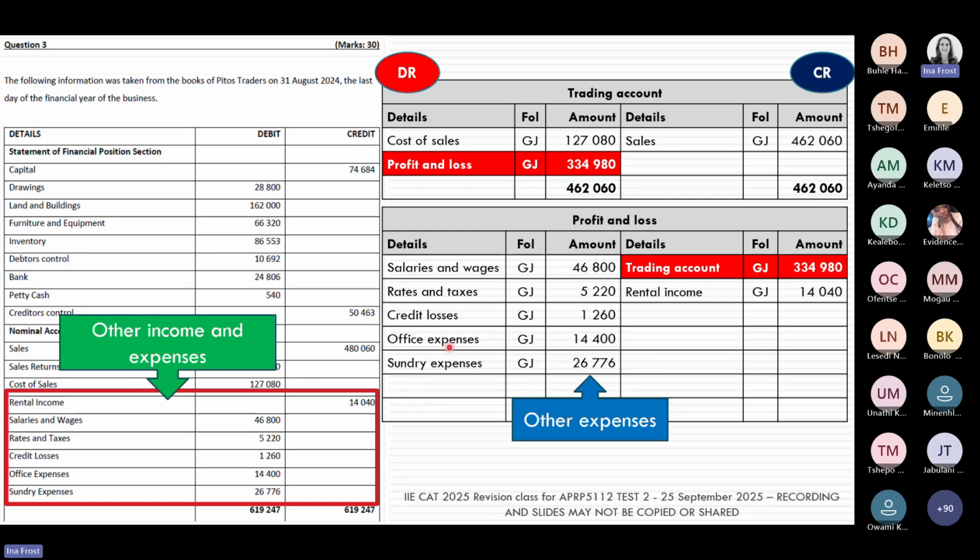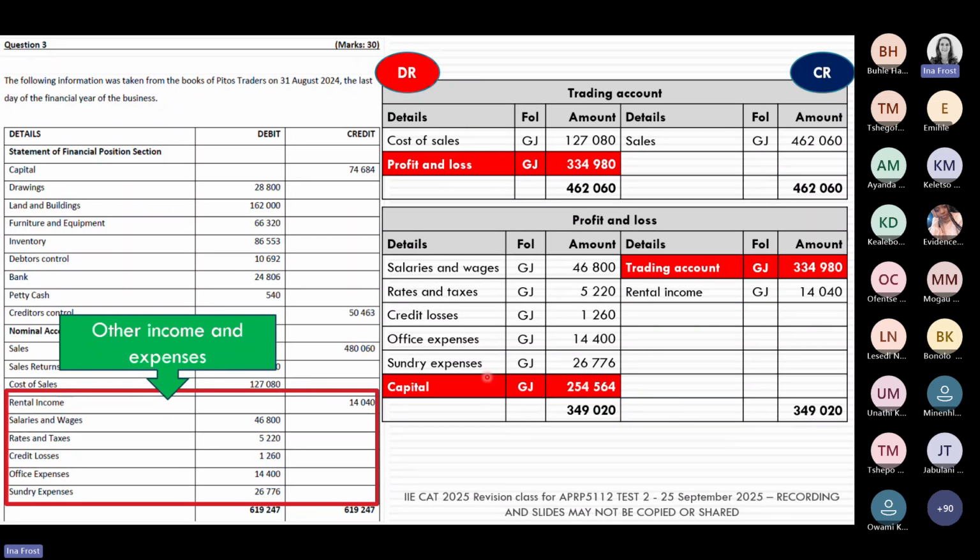Okay, so we start with the gross profit, we add the other income, and we subtract our other expenses. And that then will give us, in this particular calculation, a net profit. So let's just recap. How did I calculate the net profit? I added the gross profit.